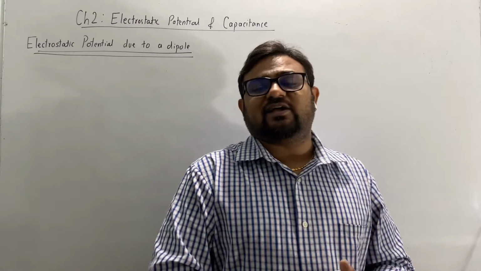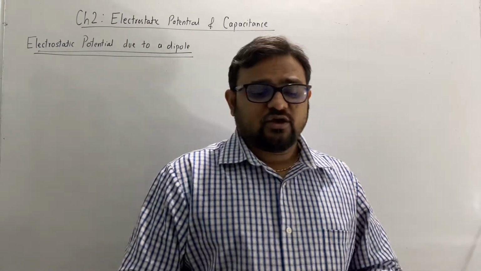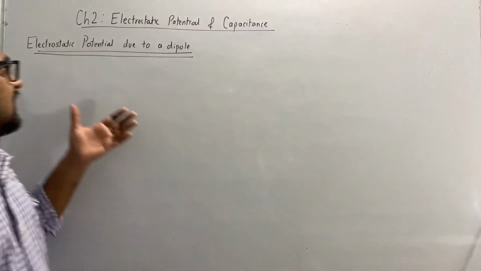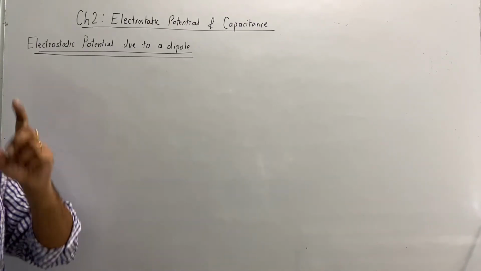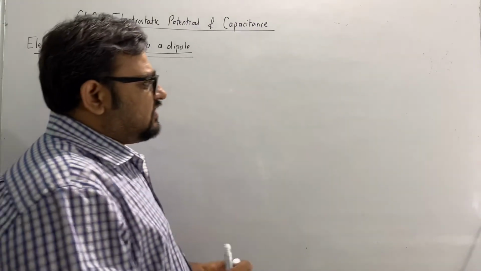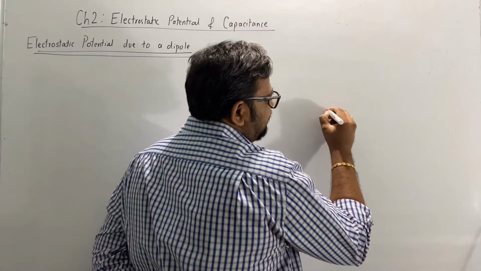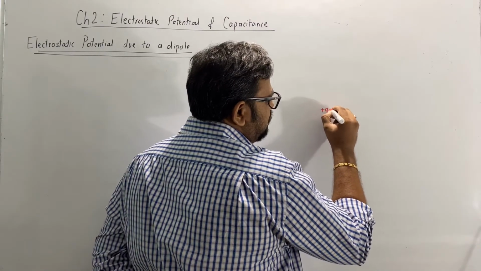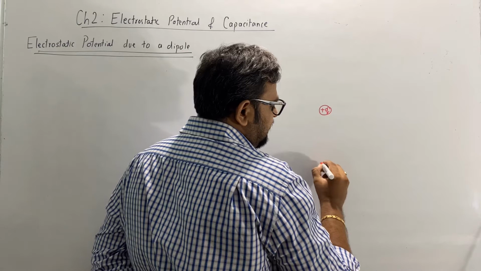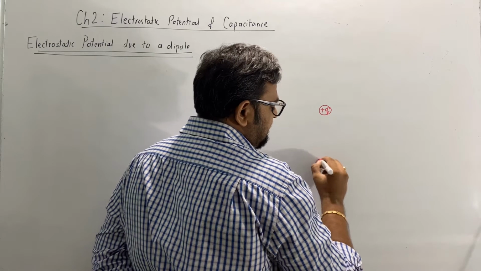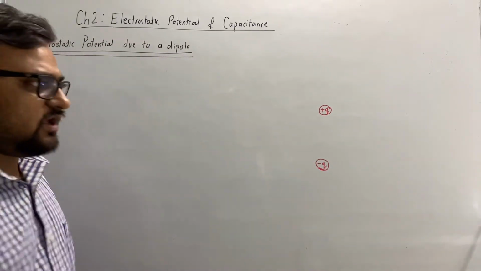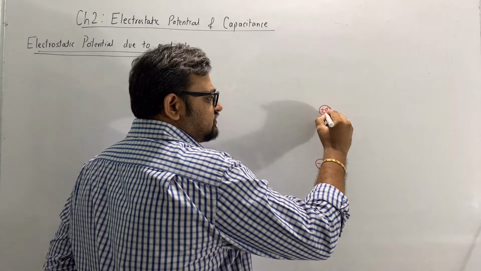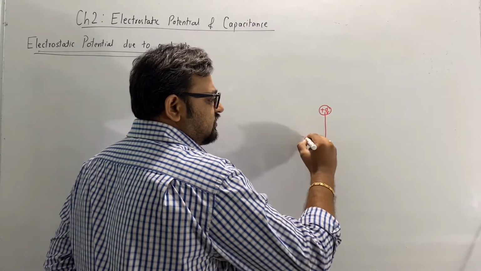Now, to find out the electrostatic potential due to a dipole, let's consider a dipole like plus Q and minus Q. The distance between these two is 2a.